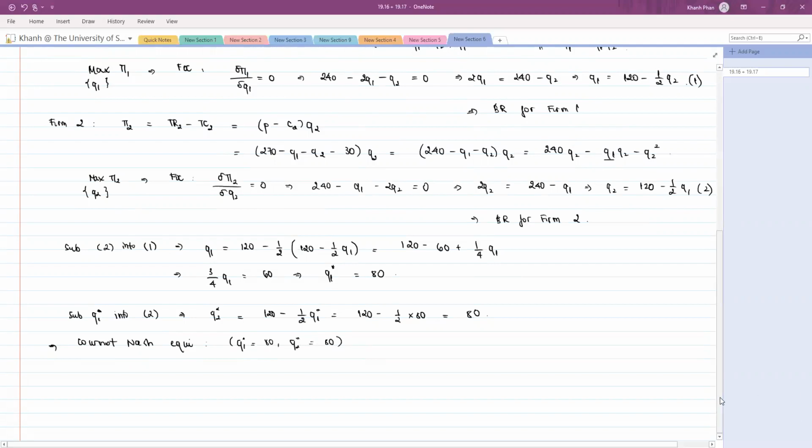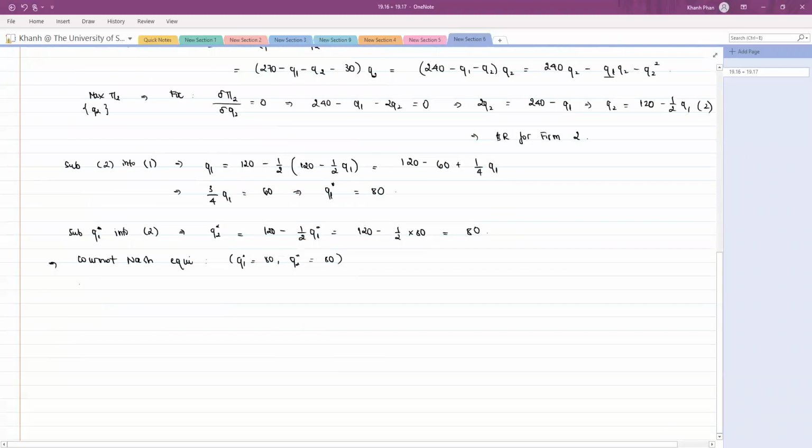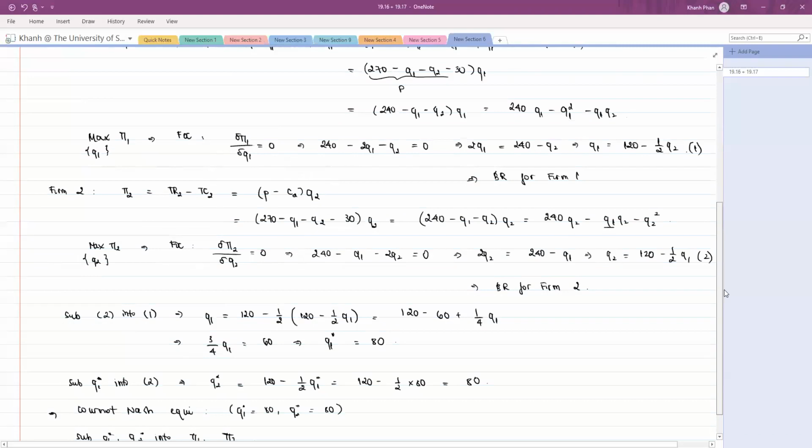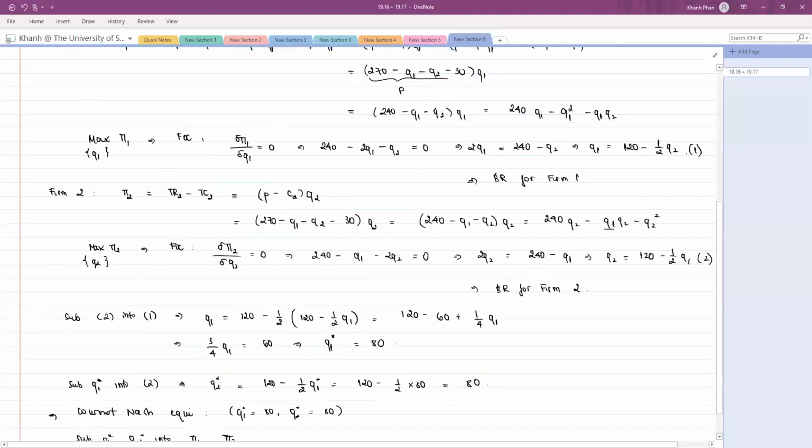Okay, so what is the profit for the firm in each case? The easiest way is to substitute the values of Q1 star and Q2 star into the profit functions, pi 1 and pi 2. Looking back at pi 1 over here, this is the equation for the profit.